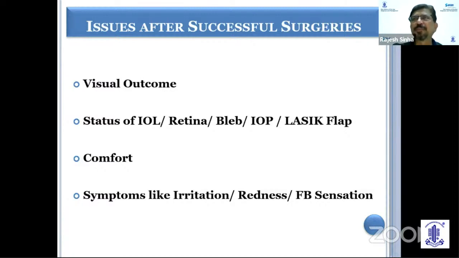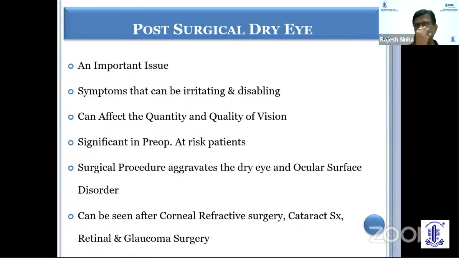And that is basically because of the post-surgical dry eye. That is a very important issue following these procedures. Now, these patients can have symptoms that can be very irritating and disabling, and that can affect the quantity and quality of vision. A case of a premium IOL cataract surgery done, poor ocular surface will have a poor quality of vision.